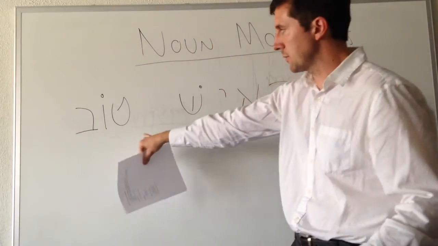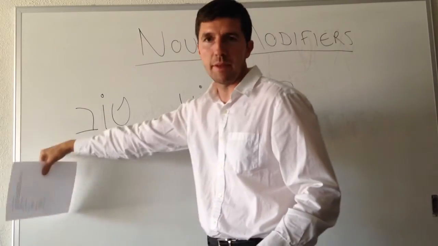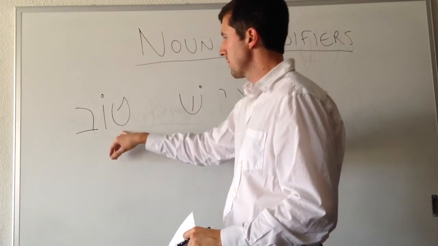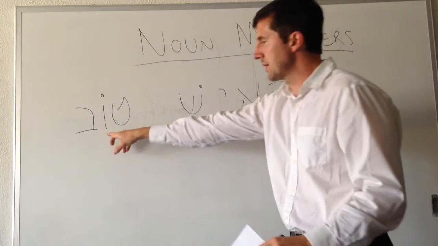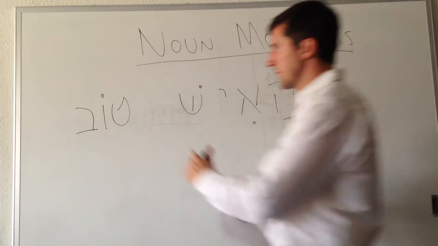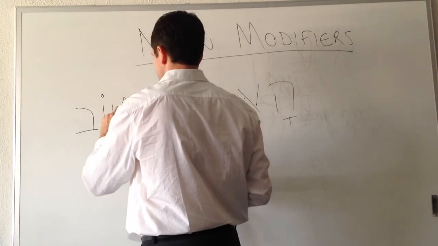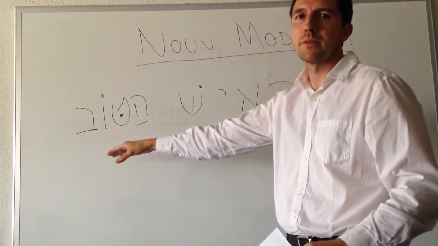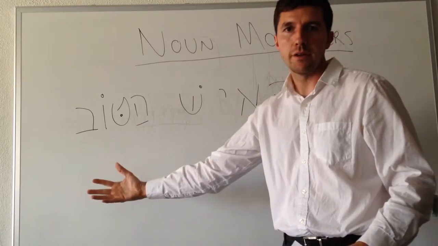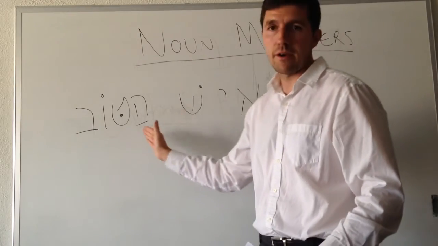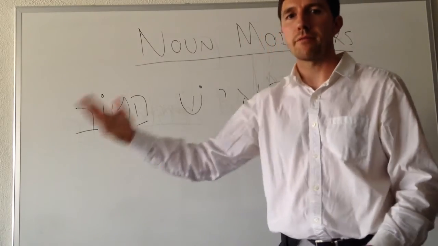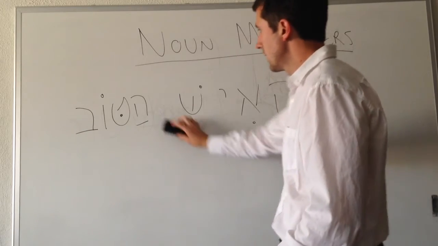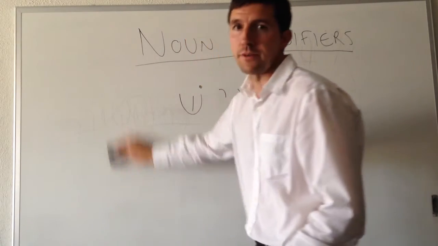Tov means good, and so it will just stay like this. We won't add any ending for one of the other forms. Gender and number, now it's agreed. It has to be definite, so this has to become ha-tov. Ha-ish, ha-tov. The man, the good, but in English we would translate it, the good man, and then it would have a verb. That's attributive.